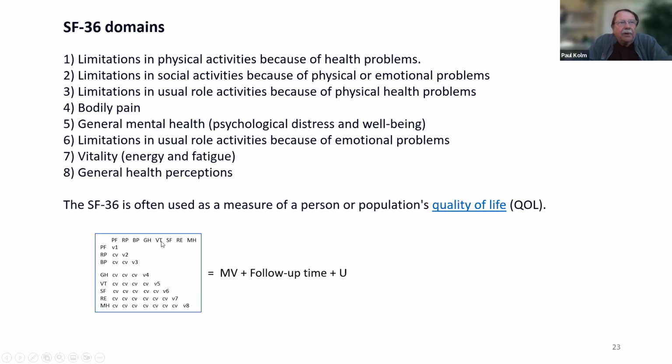What I have here is representing the multivariable matrix of the 8 domains of the SF36. And so we're then modeling that as a function of mitral valve repair versus replacement plus follow-up time. And then of course U here is representing our random effects.